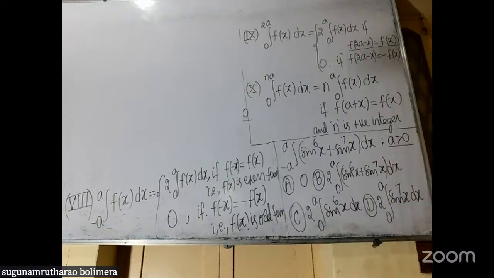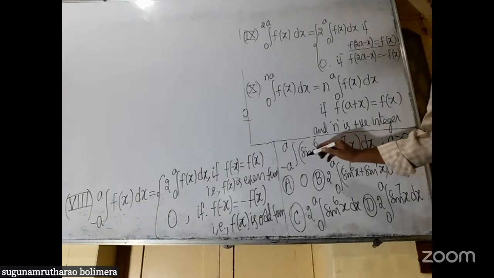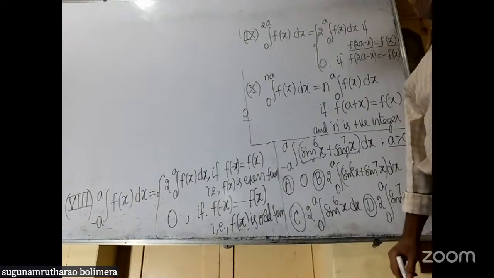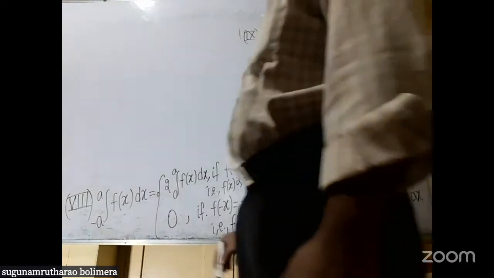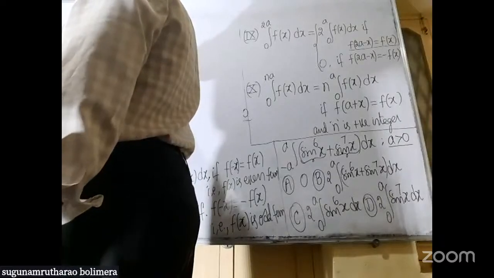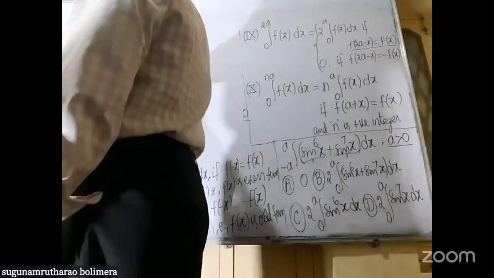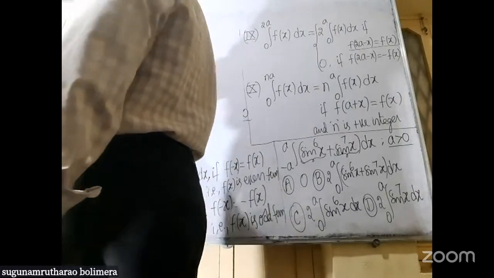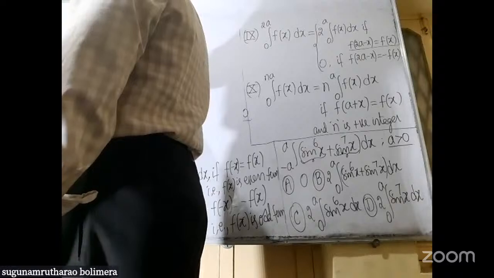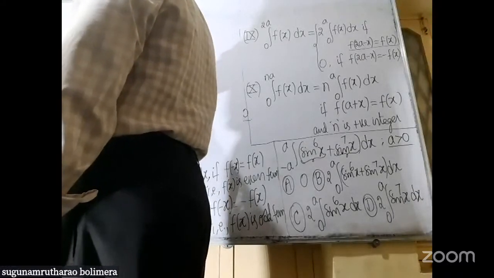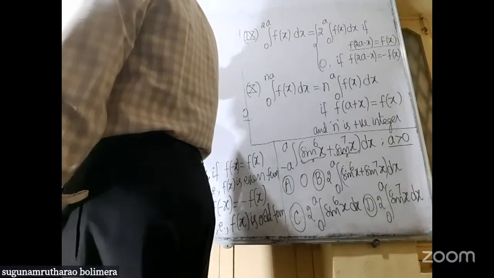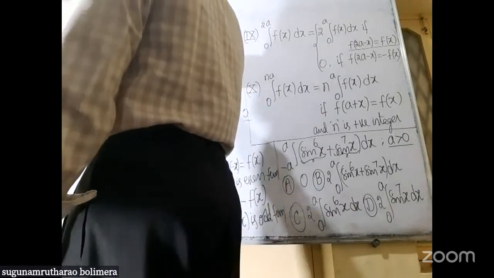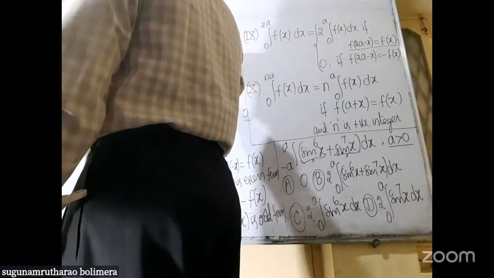A is positive. Now among sine power 6x and sine power 7x, which one is even and which one is odd? You know that. Sine of minus x equals minus sine x. And sine power 6 of minus x equals (minus 1) to the power 6 times sine power 6x, which is equal to sine power 6x.